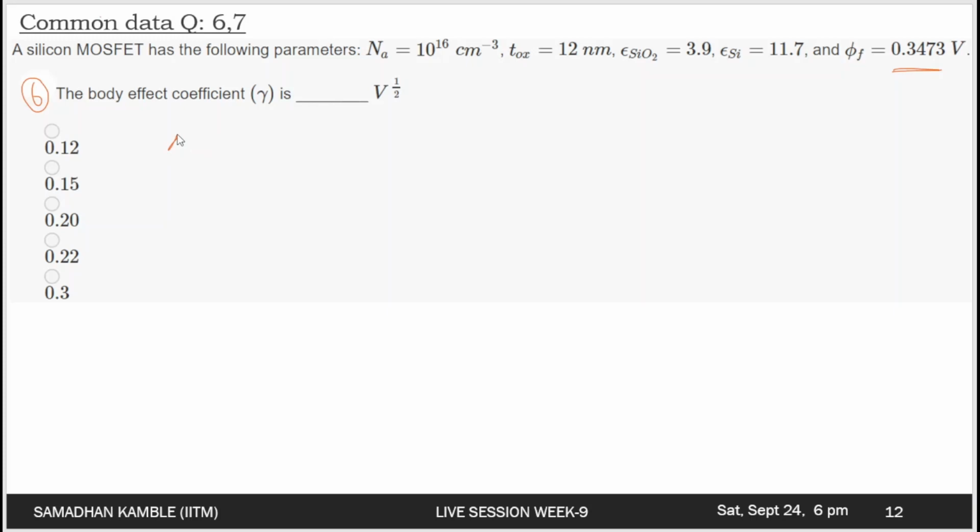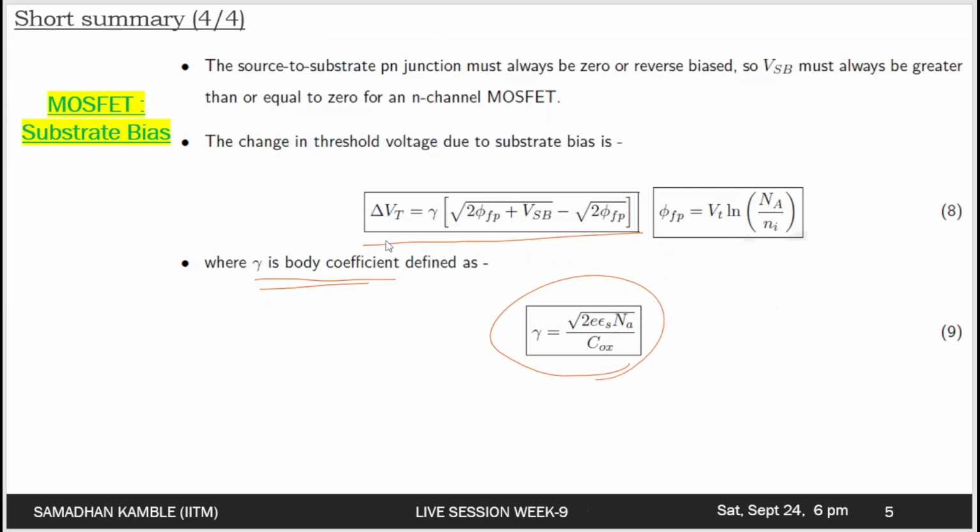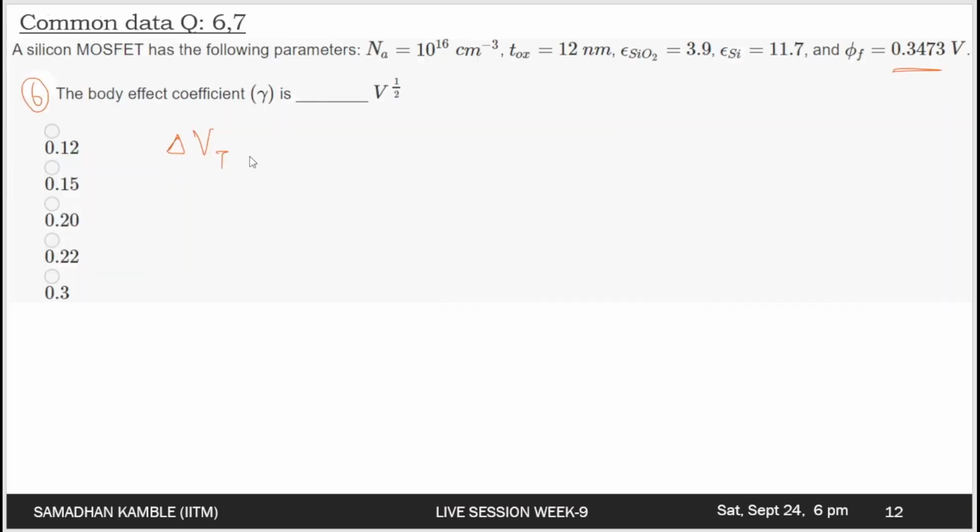As we have in our summary slide, delta Vt is gamma, our body effect coefficient, times the term shown there.